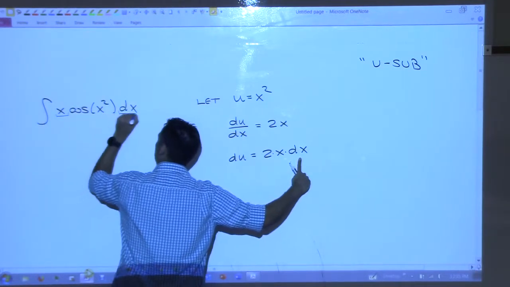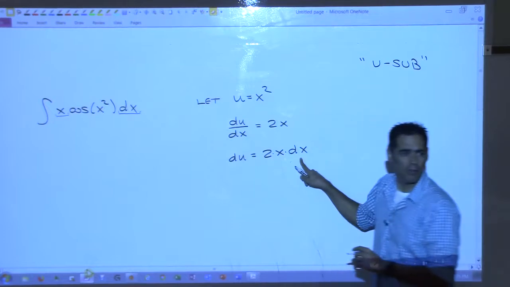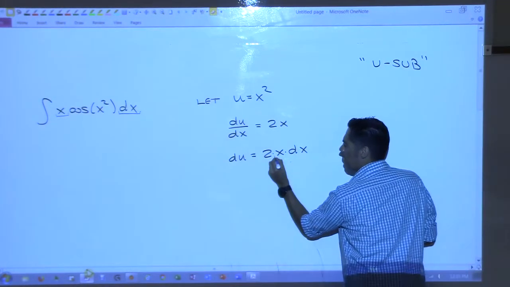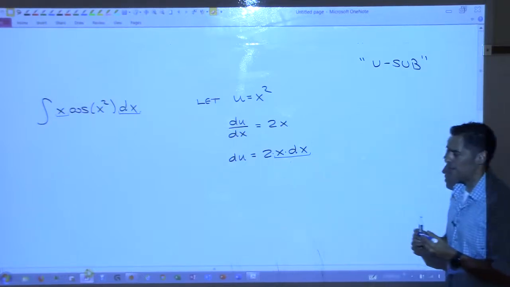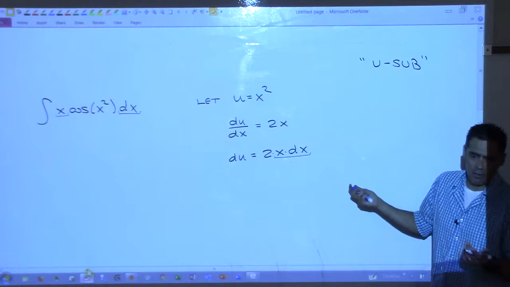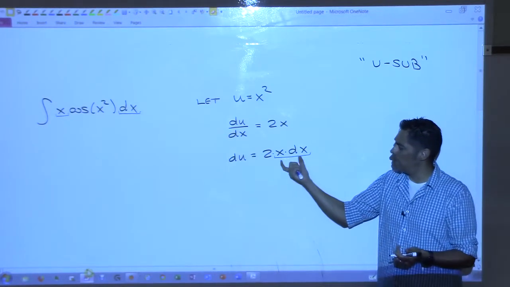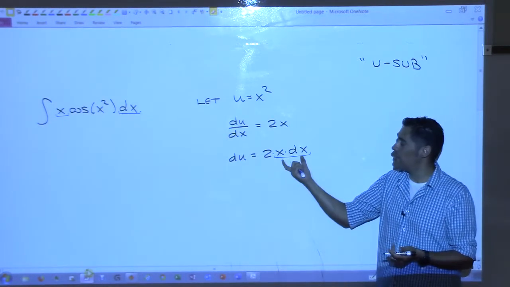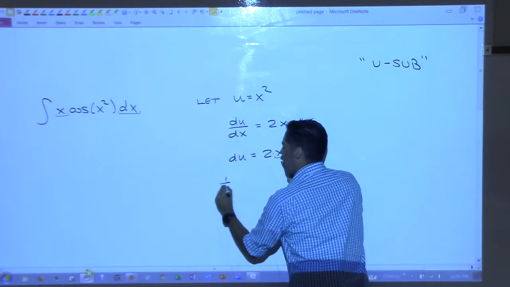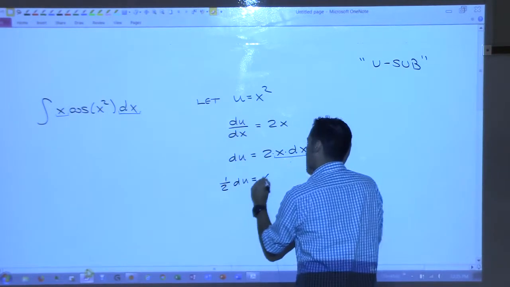Do you see the dx? You don't see a 2, do you? But you see that? So I'm going to get this by itself on one side of this equation. I want this here. Leave this here. So just divide both sides by 2. So this becomes 1/2 du equals x dx.